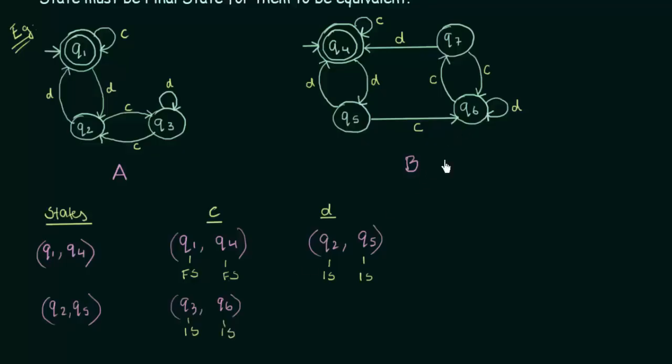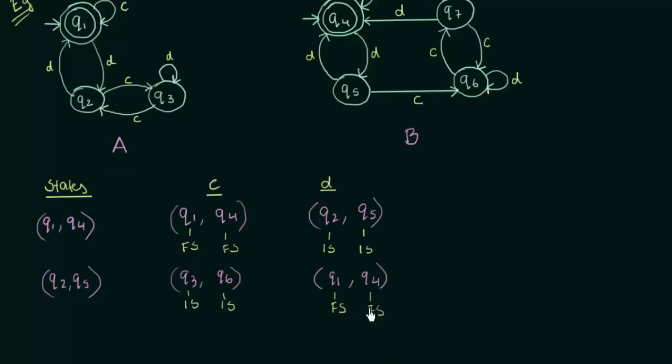Let's do the same thing for input D. Q2 on input D goes to Q1, and Q5 on input D goes to Q4. And if you check, Q1 and Q4 both are final states. So here we again get pairs which are the same: either both intermediate or both final states. So far they are equivalent.